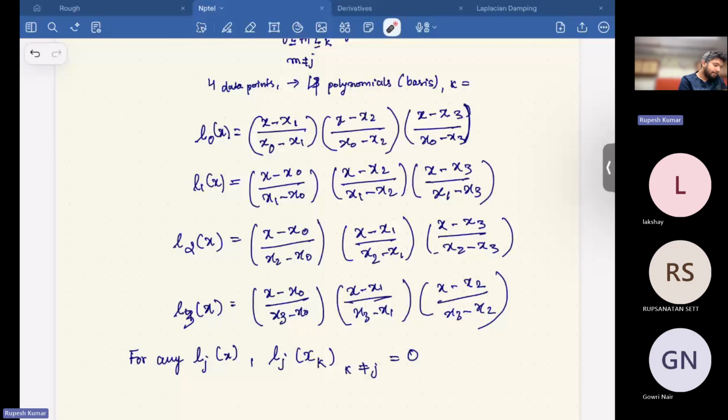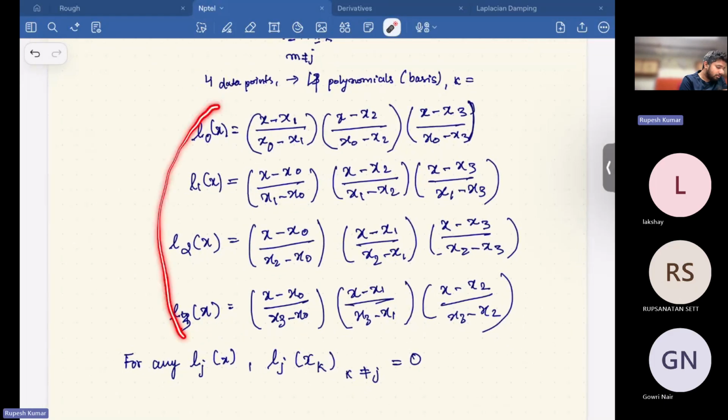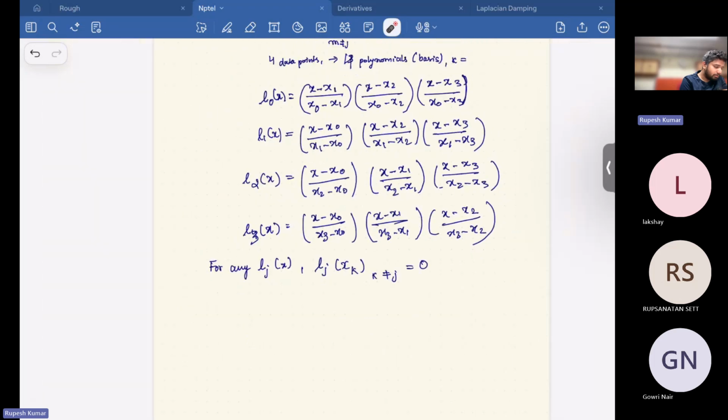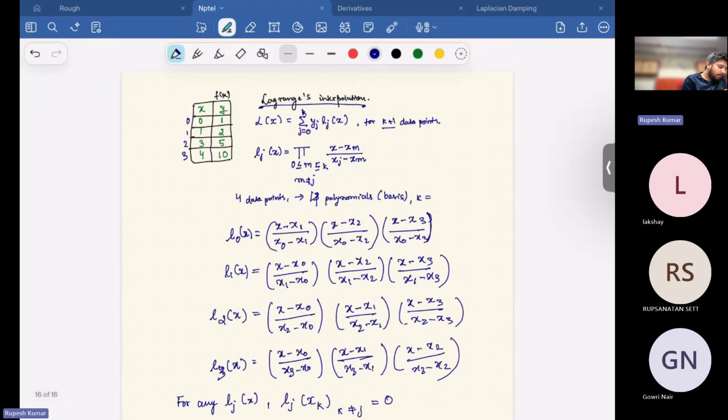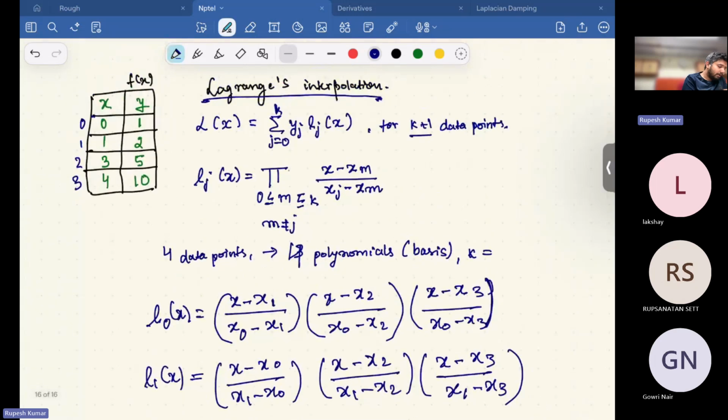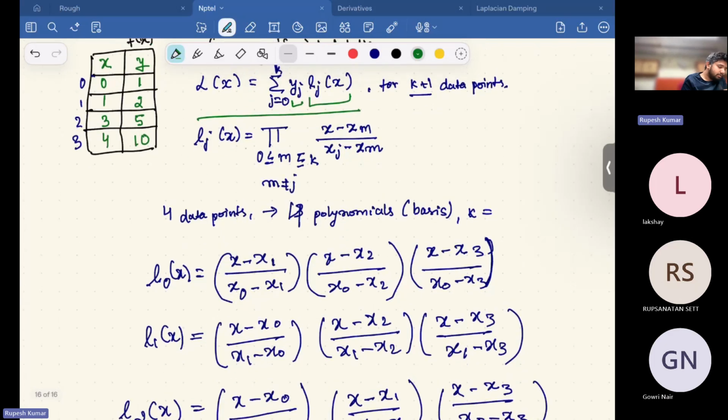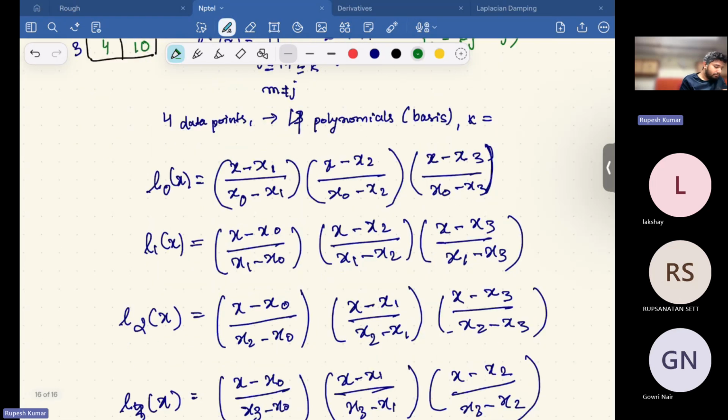Now when you have these Lagrange's polynomials, you can easily compute yj. We need to compute the final Lagrange's interpolation formula from here. The Lj's are known, so what is yj? We know Lj from here, and yj equals Lj of xj, so yj is very simple.